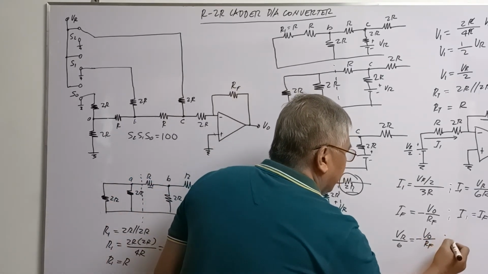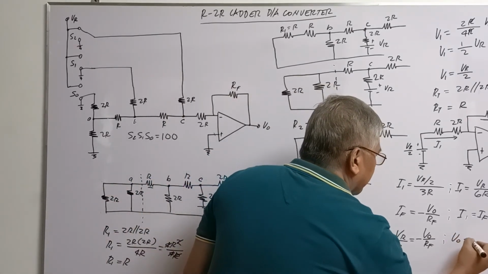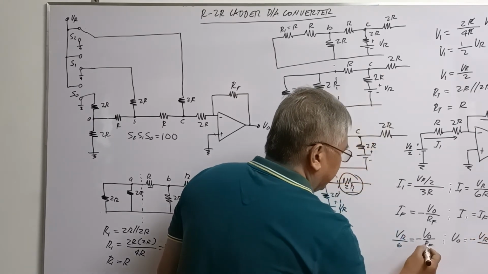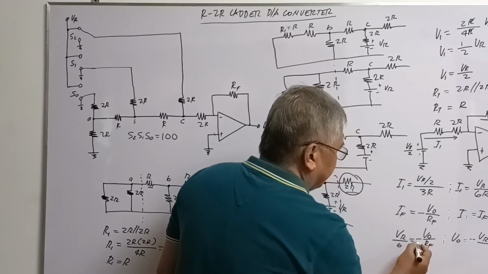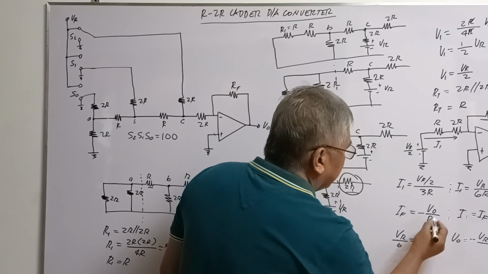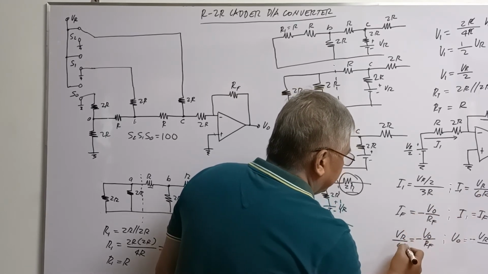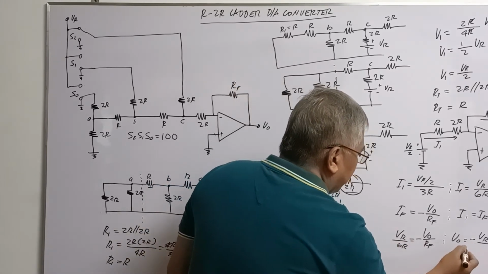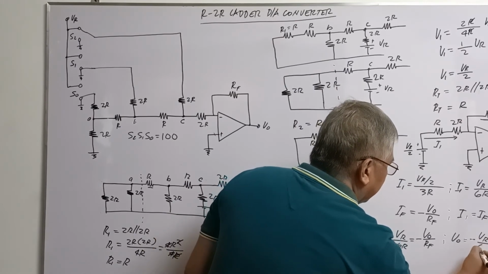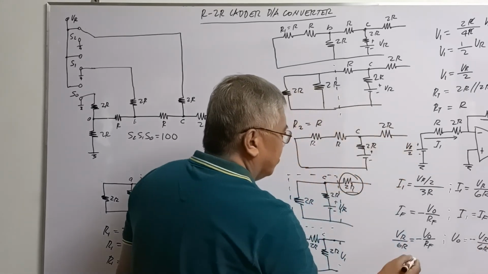So, if we solve for VO, VO will now be equal to minus VR over 6R times RF.